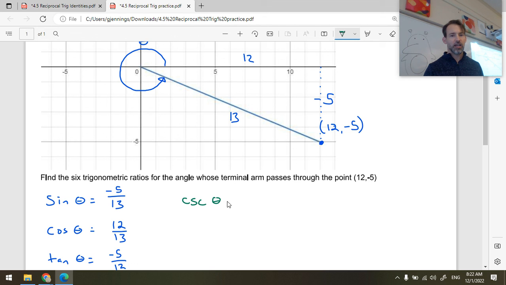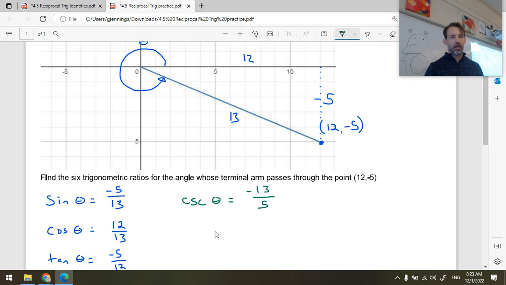CSC theta is going to be equal to, how would I find that really easily if I already knew sine? What's cosecant theta in this case? Sure. You could say 13 over -5, or I would probably float this -13 to the top because that's equivalent. But yeah, you just flip it. Just flip the number.